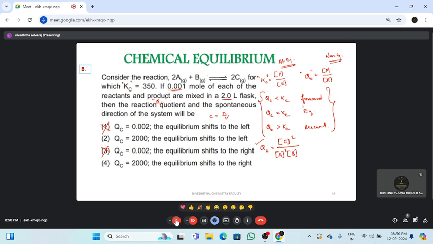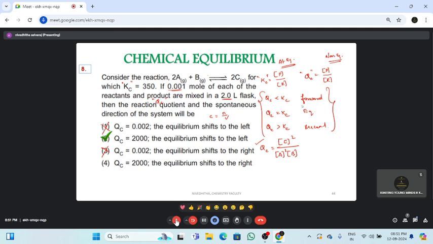So reaction is moving in which direction? Forward or backward? Okay. Yes, Ritesh. Yes, ma'am, backward. Backward. So the reaction shifts to left. So Tatvatika's answer was right. Answer is second option.